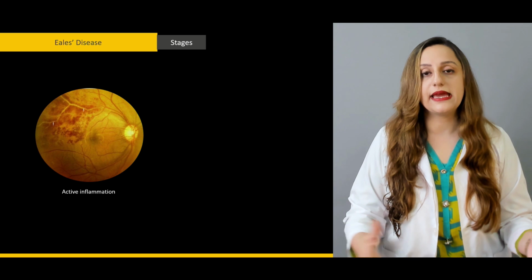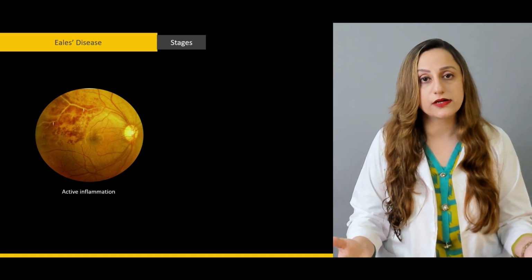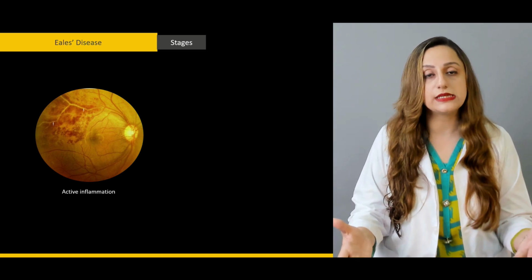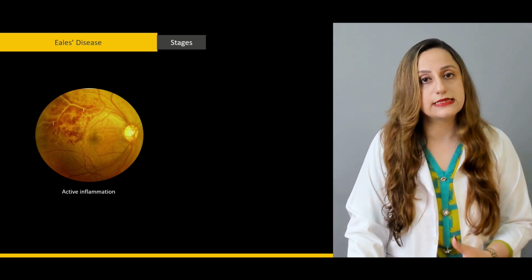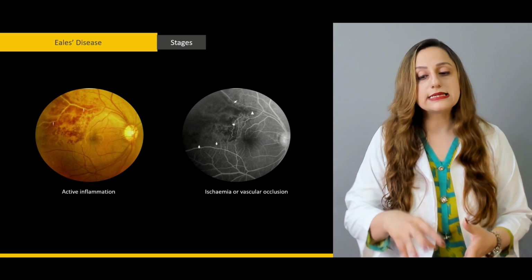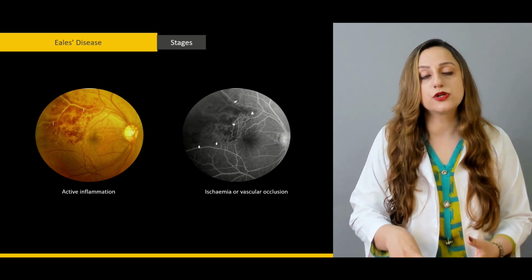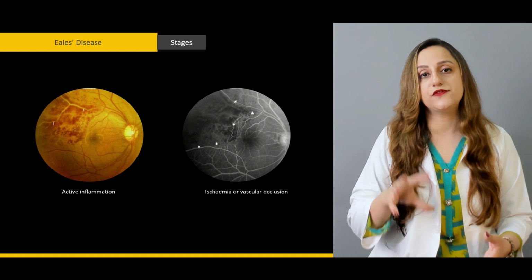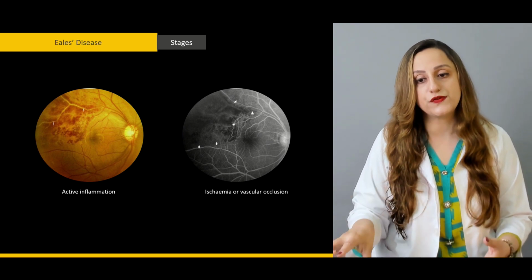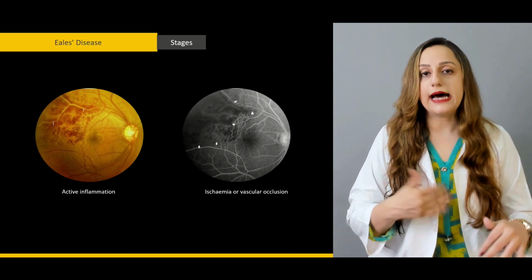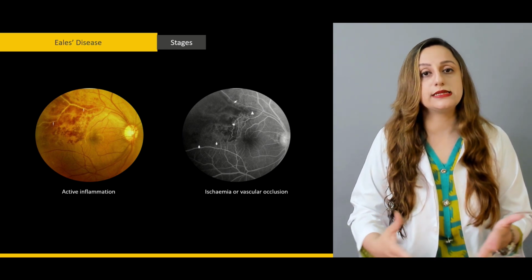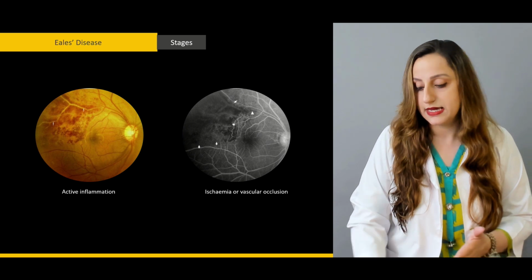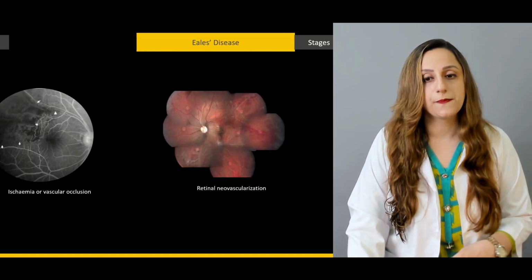Causative factors can be any hypersensitivity reaction that is occurring or any specific reaction even. And then finally, there will be an ischemia that is reported in these individuals. And this ischemia or this vascular occlusion that is noted down on the fundus fluorescein angiography as shown over here, that would basically give rise to neovascularization or to the complicated stages of this particular disease.